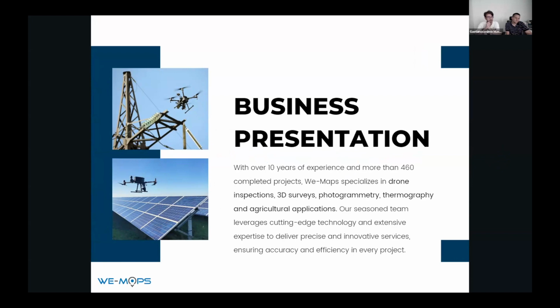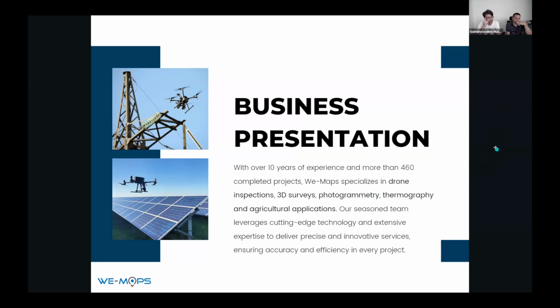And to this day, we have more than 460 completed projects on our record. And as I said, we specialize in drone services, mostly inspections, surveys, and other operations such as photogrammetry, thermography, and operations in agriculture.